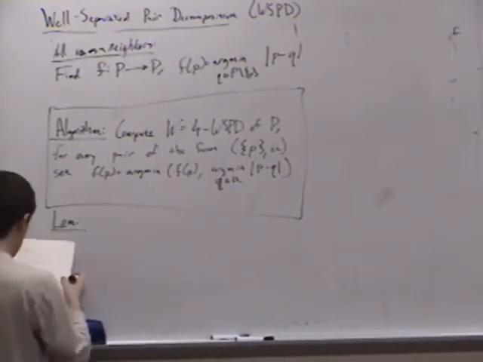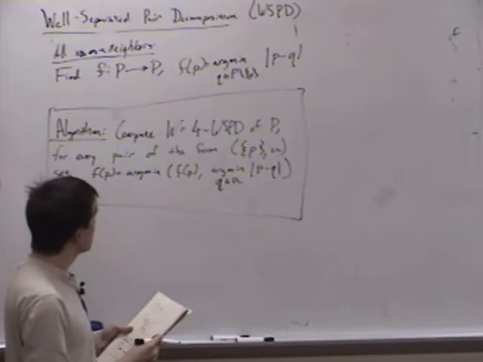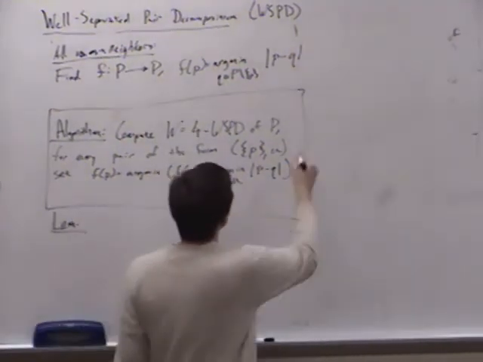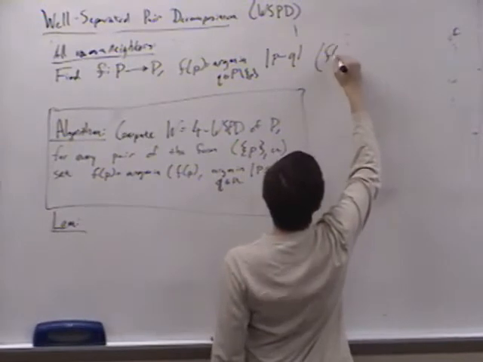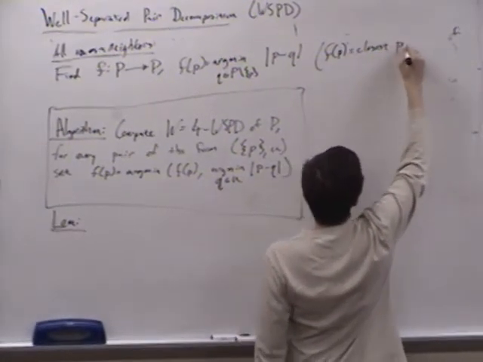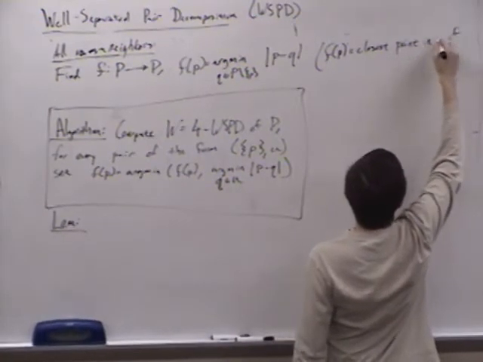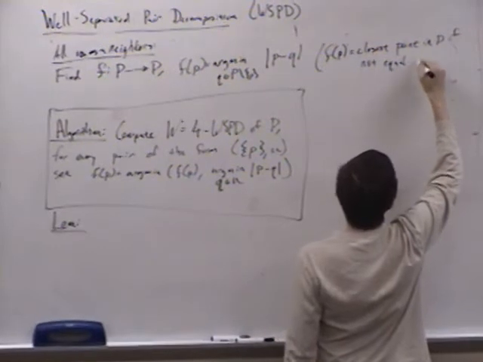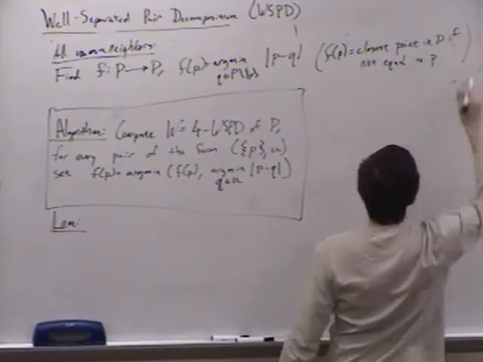Can you explain a little bit, so f of p is argmin of f of p? Yeah, f of p, think of it this way: we'll think of f of p equals the closest point in P not equal to p. That's what it means, right?